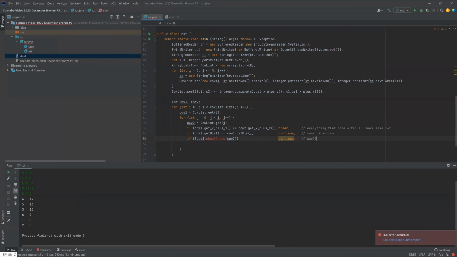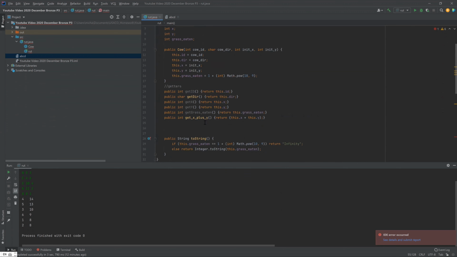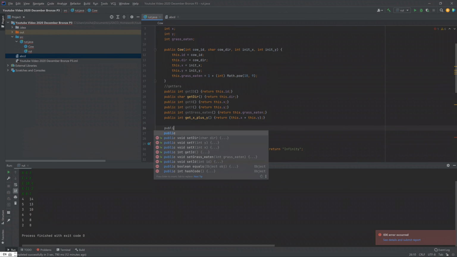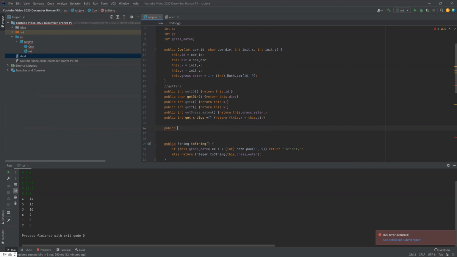Cow 1 is greater than cow 2 plus eating distance. So no, greater than cow 2 location. So no block. All right. So now let's add that. Public boolean checkCross, with another cow C, right?